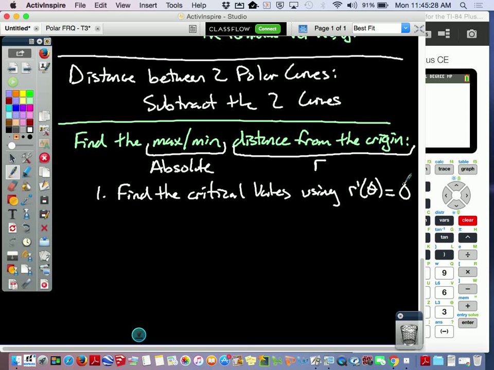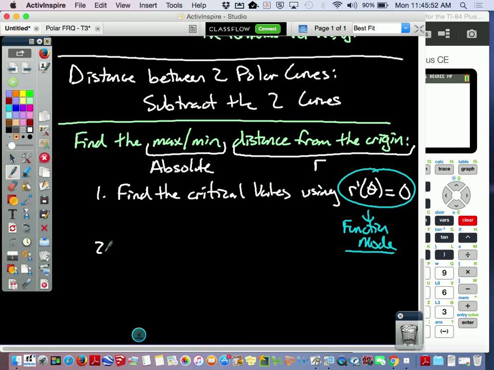This part can be tricky, and to do this you will need to have your calculator in function mode. You find the derivative and then set it equal to 0, and you can find the zero on the second trace menu, but you have to be in function mode to do that.